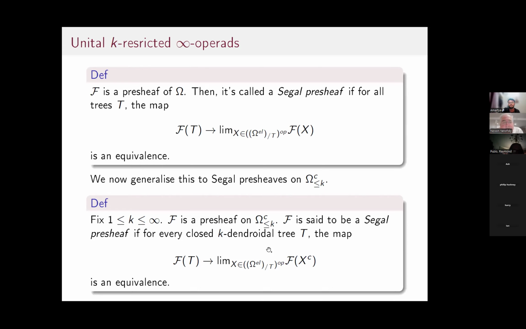The omega on top is just a general dendroidal category.